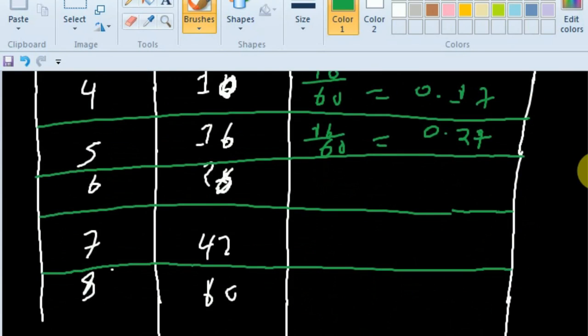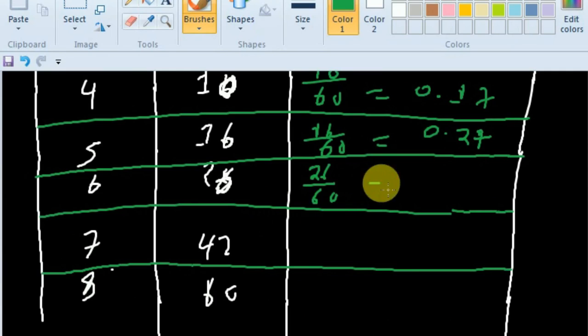Then the cumulative frequency of 6, I know that's 26. So to find the relative cumulative frequency, I'm going to say 26 divided by the total number of cumulative frequency there, which is 60.